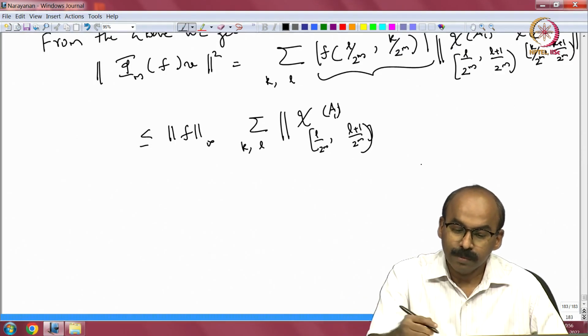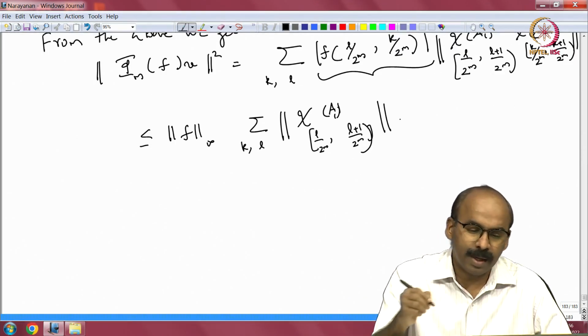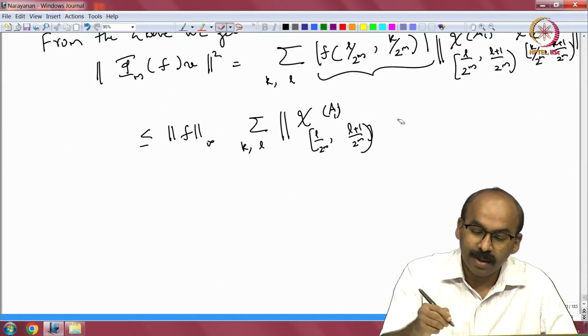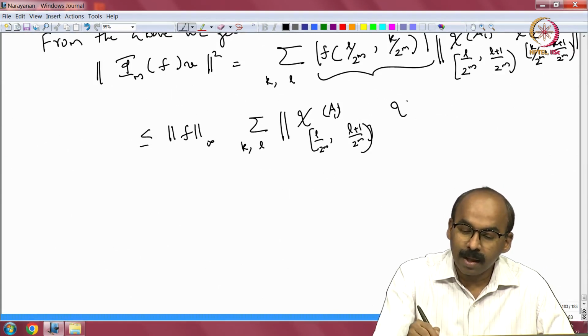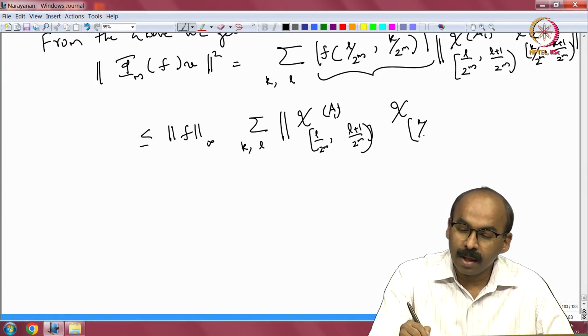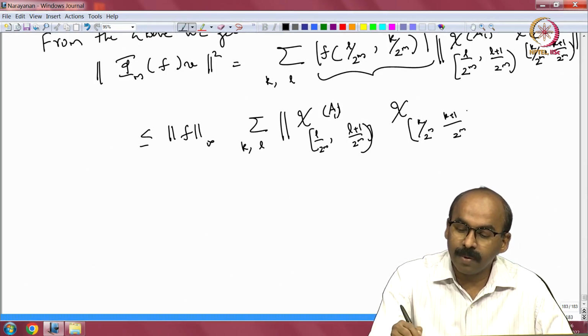Multiplied by chi of k by 2 to the m, k plus 1 by 2 to the m, A 2, v norm square.